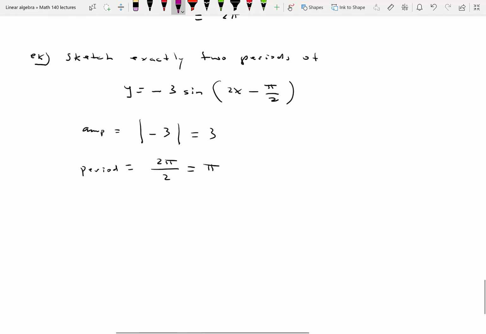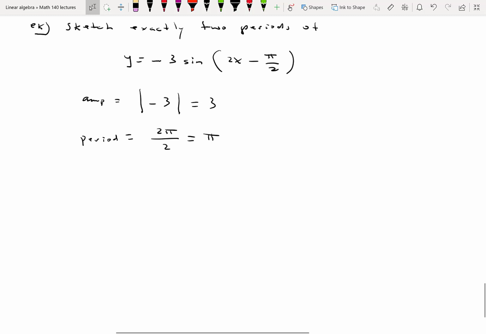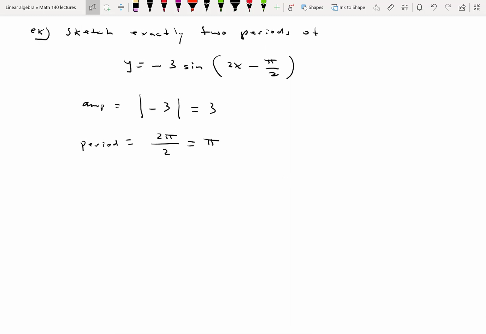Okay. So back to our graph. Our graph is exactly 2 periods of -3 sine of 2x minus pi over 2. Okay. All right. So let's see here. Let me make sure I'm on track here. Okay. In fact, I'm going to make one little change on our function.